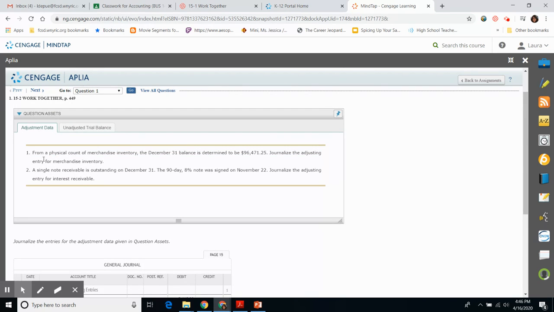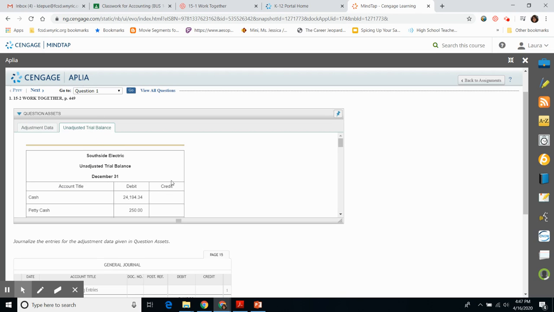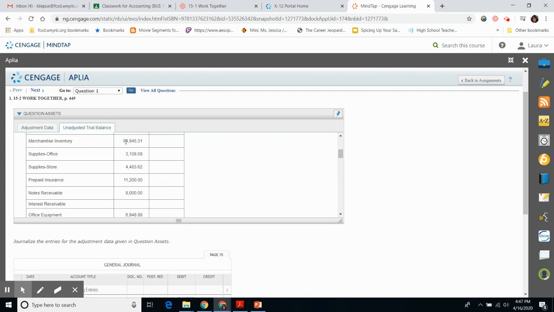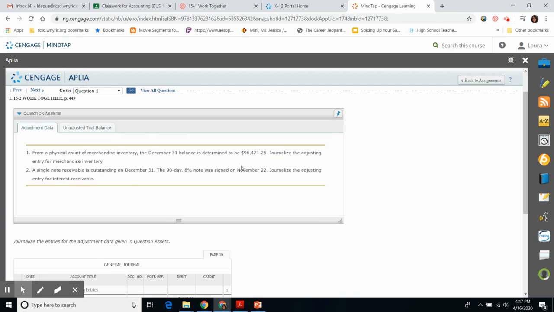And it says from a physical count of merchandise inventory, the December 31st balance is determined to be $96,471.25. Journalize that adjusting entry. So we're going to take this merchandise inventory amount here, $94,845.31, and subtract the amount given. We are going to come up with a negative number here.